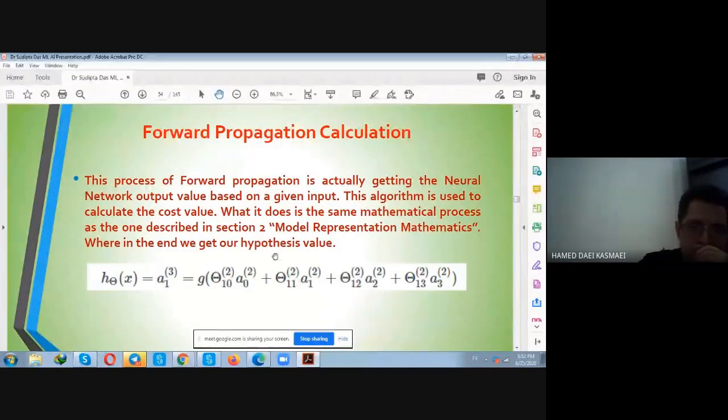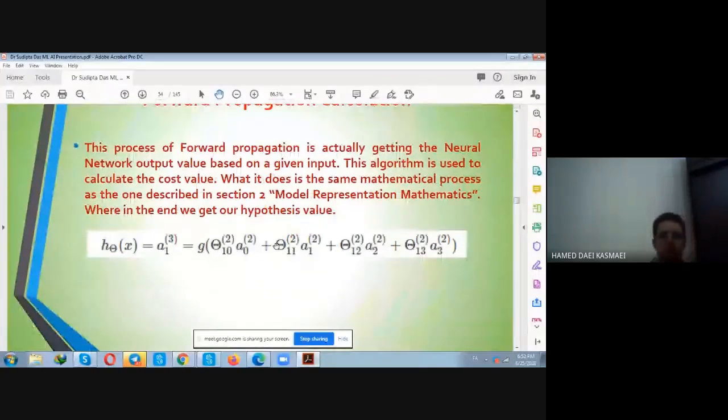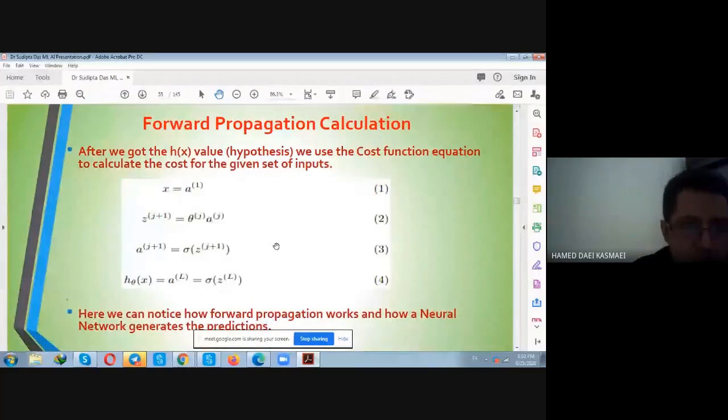After we got the hypothesis value h(x), we use the cost function equation to calculate the cost for a given set of inputs. These are all the set of inputs: x is equal to a1, z^(j+1) is equal to theta^(j) a^(j).